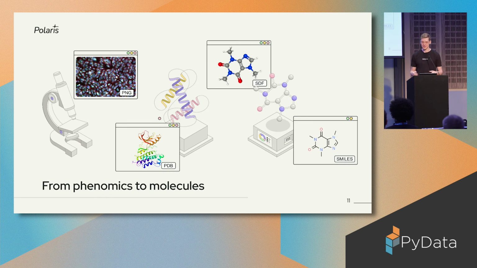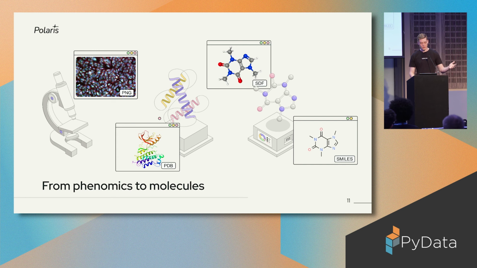So what variety am I talking about? Well, there's an enormous variety in terms of modalities. Depending on where you're working in the drug discovery process, there are different data formats that represent different biochemical entities at different levels of abstraction. If you're working on the cell level, you might be working with microscopy images saved as PNGs. At that point, you can probably apply typical computer vision learning techniques.